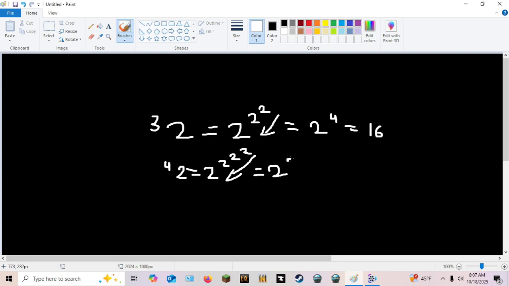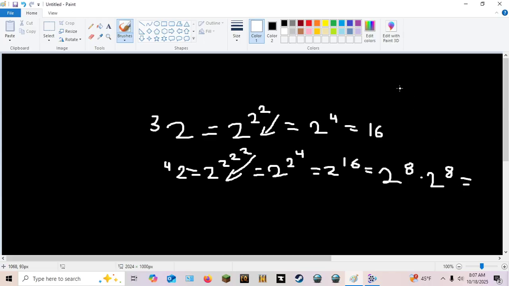2 squared is 4. 2 raised to the 4th power is 16. Then 2 raised to the 16th power. You can break that up into 2 raised to the 8th power times 2 raised to the 8th, because 8 plus 8 is 16.